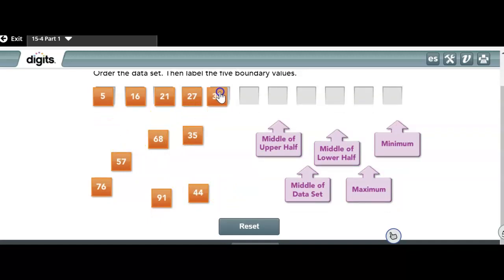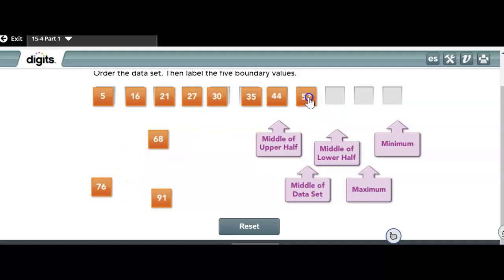The hardest part about doing this is making sure that you do not forget any of them. When you rewrite them, go ahead and count how many you rewrote and count the original amount in the data set. That'll make sure that you did not forget any.